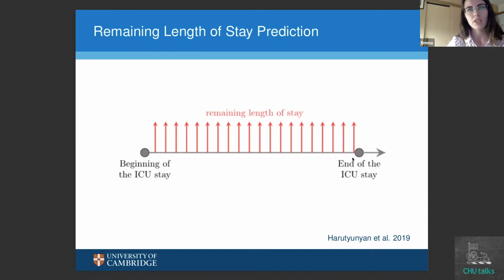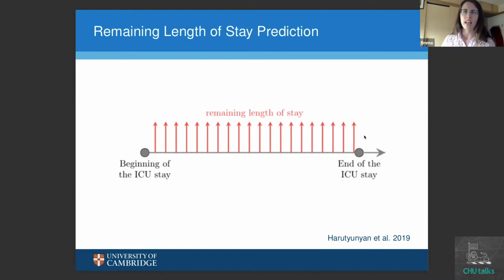Some patients will die in the ICU as well, because the ICU itself has quite a high mortality rate. At any point during this length of stay, we want to know: can we predict from the data that we have up until this point how many more hours they have left in the stay?